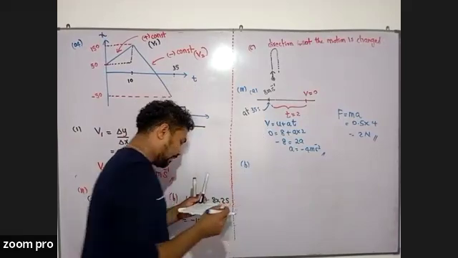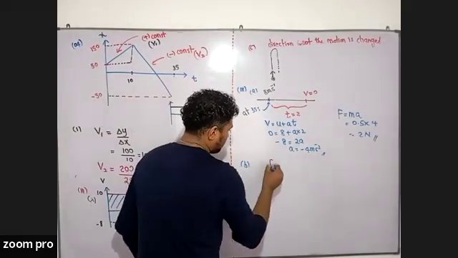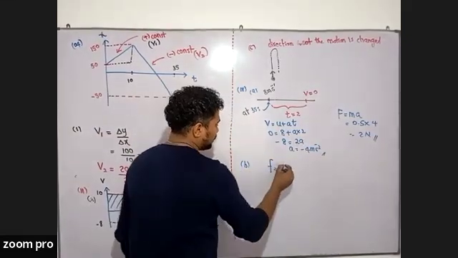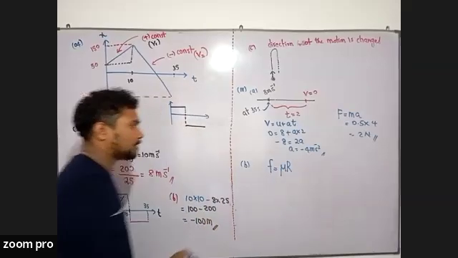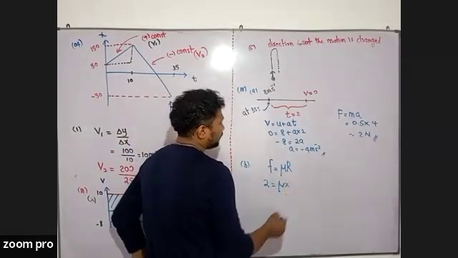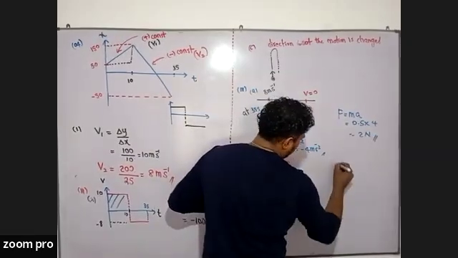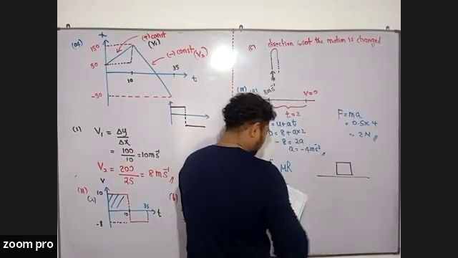And B part: calculate the coefficient of friction between the object and the table, right? So this resistive force is exerted due to friction. Then by using this equation, we can obtain the coefficient of friction. So F should be 2. We don't have any idea about mu, but we can obtain that. Now this object is moving on a horizontal surface.